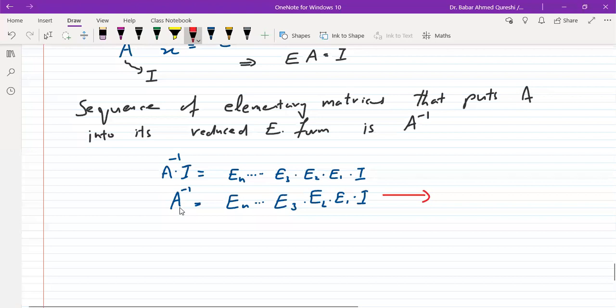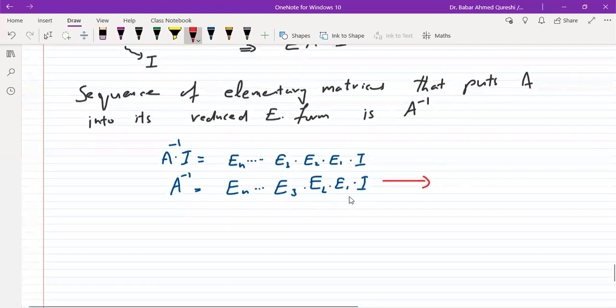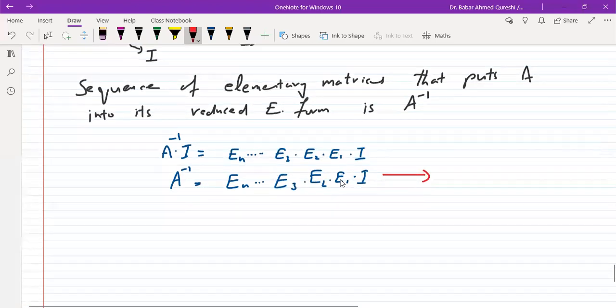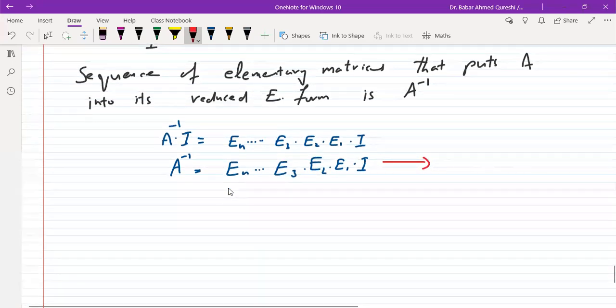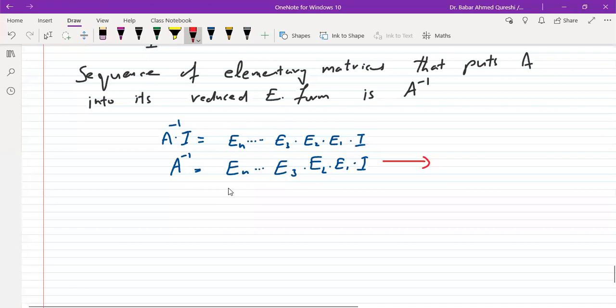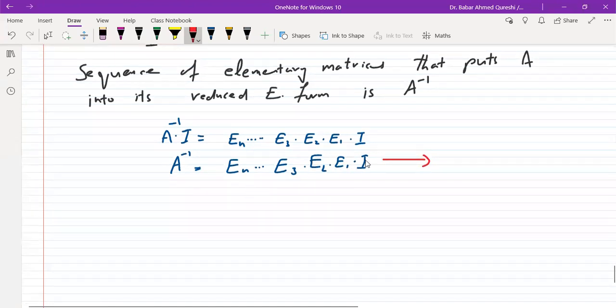So is that clear? This equation is saying that take the same sequence of row operations which put your original matrix into the reduced echelon form, or into an identity. If the same sequence is applied on the identity, you will get A inverse.